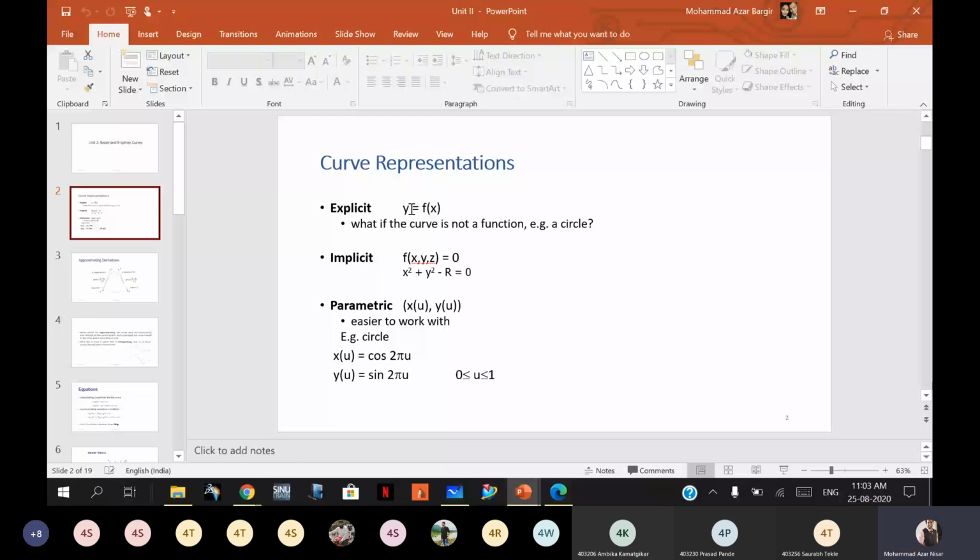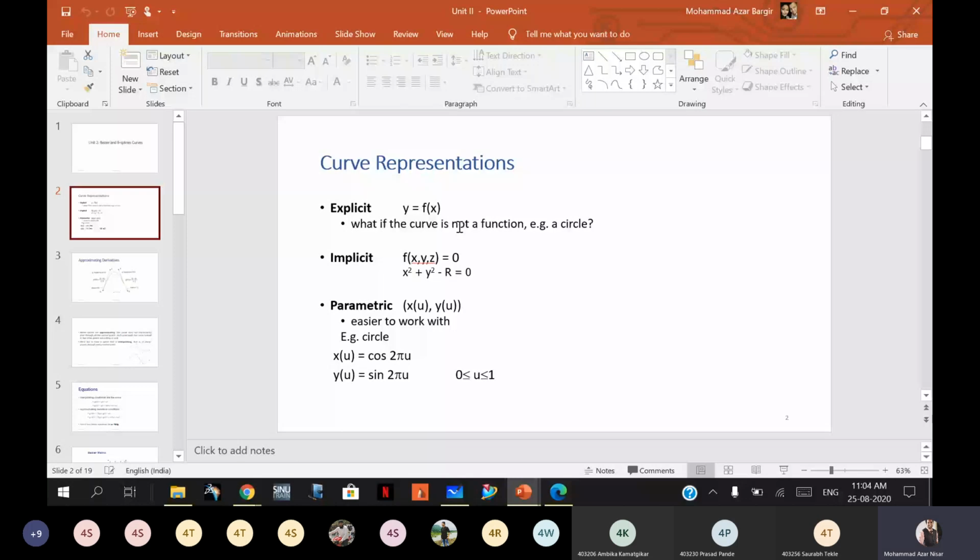Suppose a three-dimensional curve is there, then f of x, y, z equal to 0. This f is nothing but a scalar function.